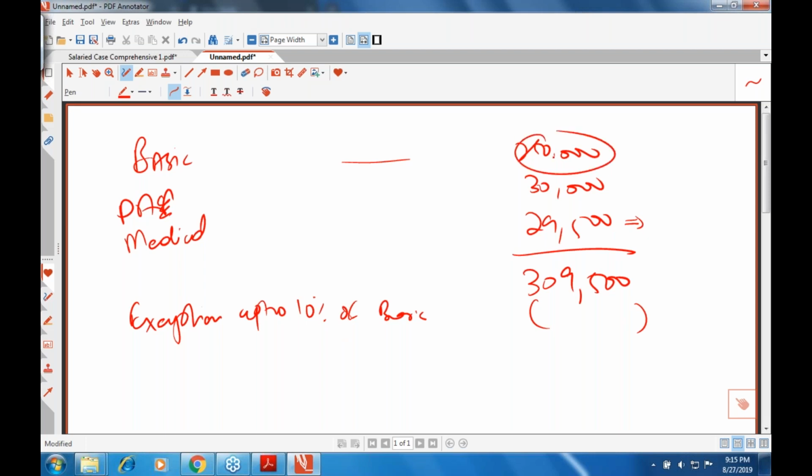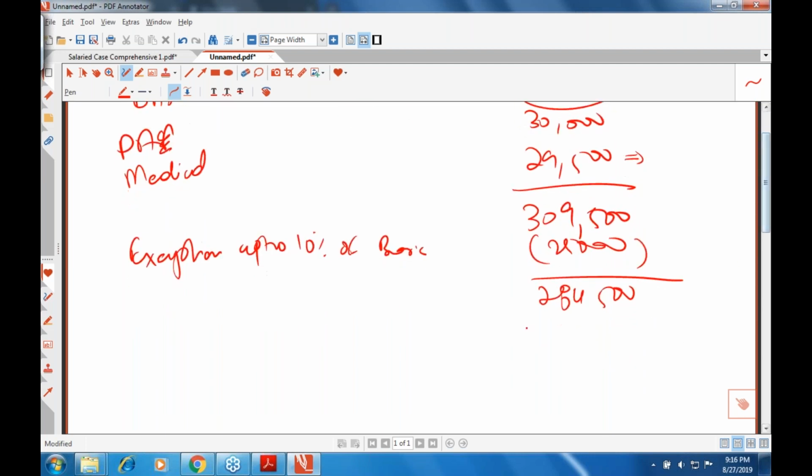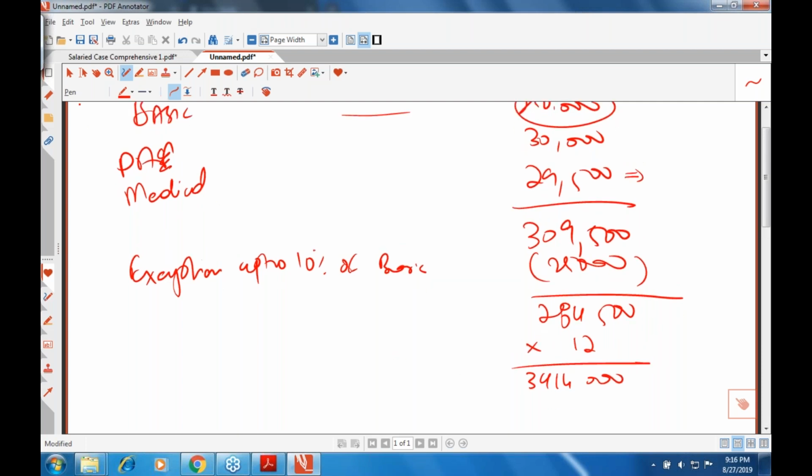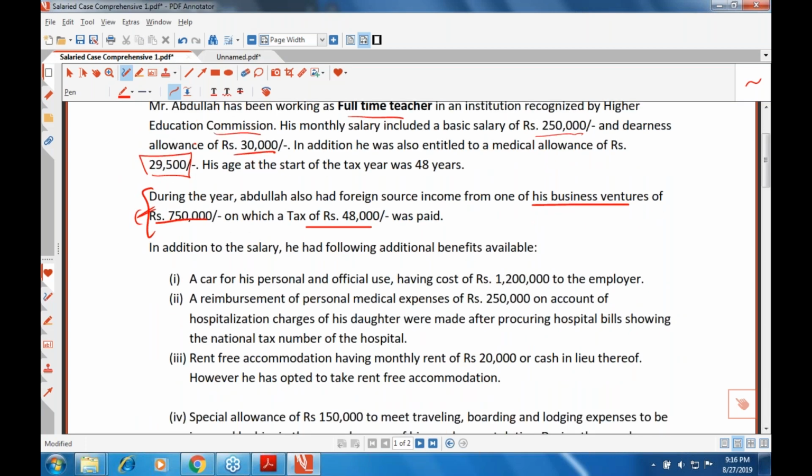It was 25,000 multiplied by 10%, so 25,000 is exempt. Resultingly, 284,500 is the monthly taxable income. You multiply it by 12 months, and you get 3,414,000. That's your income including basic, dearness allowance, and the taxable medical allowance.